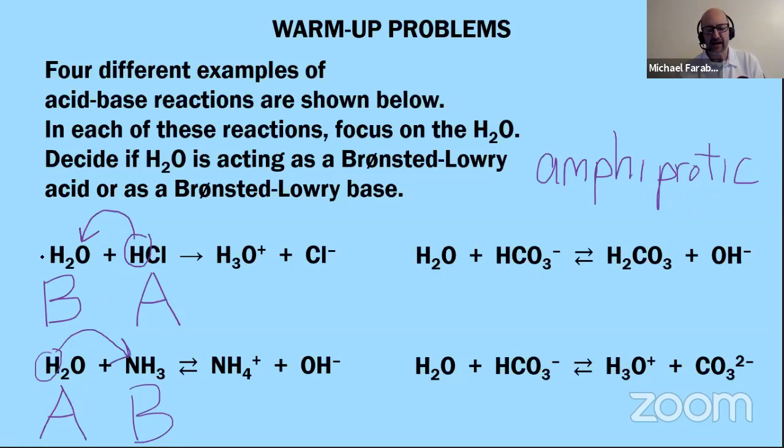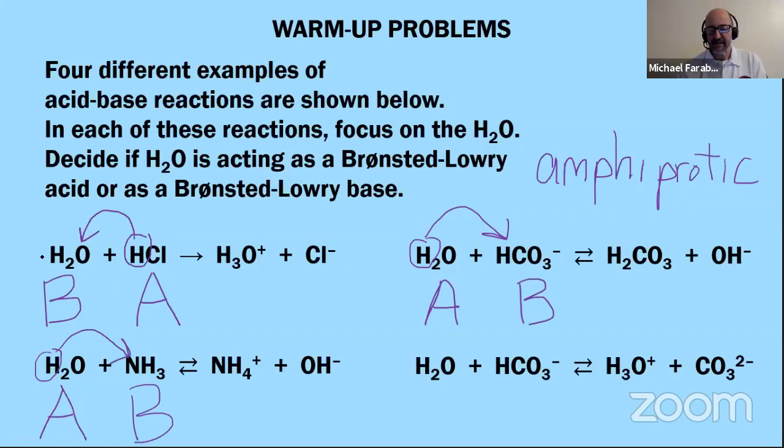So let's go ahead and analyze this reaction. We can see that the hydrogen carbonate ion has been transformed into carbonic acid, H2CO3, which means it must have picked up an H+ ion, in this case, from the water. So based on the direction of the proton transfer, that makes water acting as a proton donor, so as an acid.